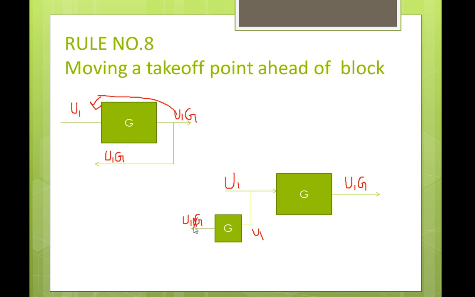Then you are getting u1 into g. So whenever you are moving the takeoff point before the block, you need to add a gain equal to that block.